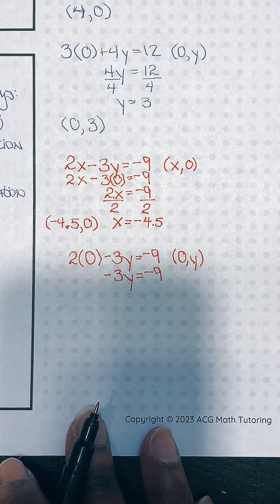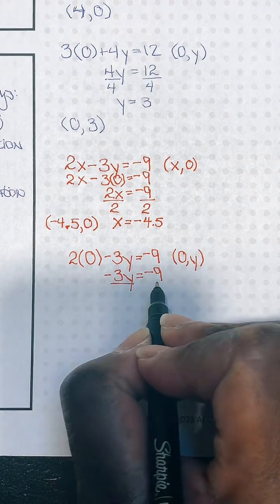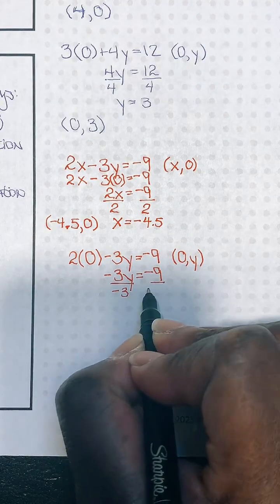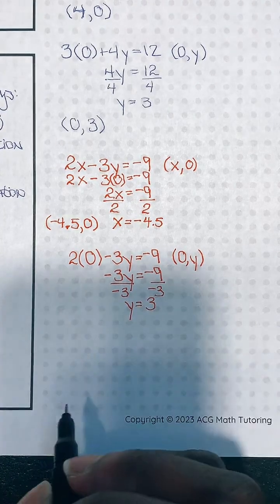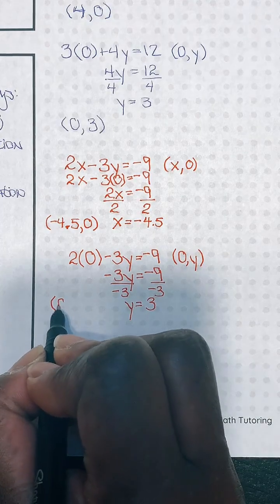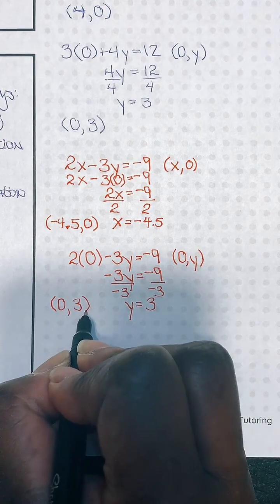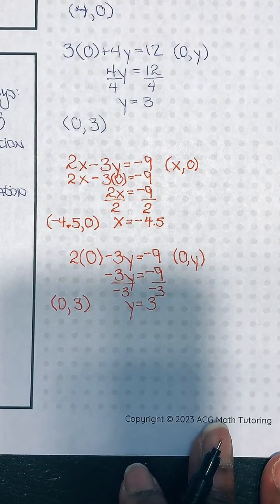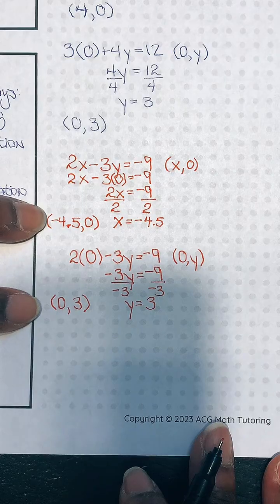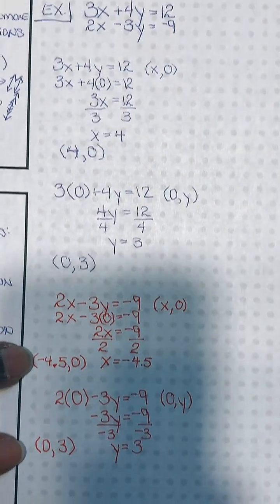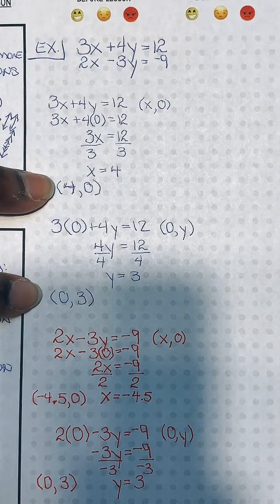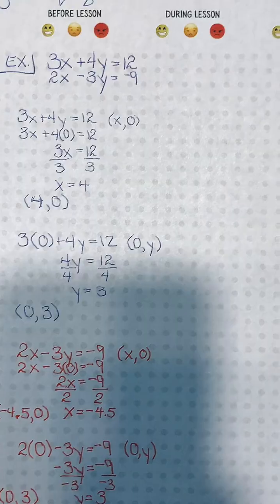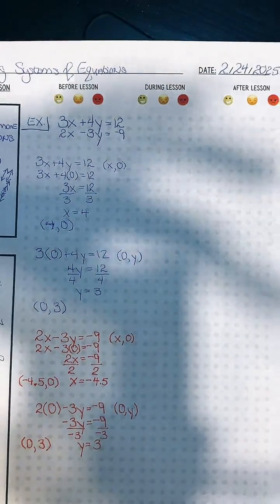Thank you. So divide both sides by negative 3, and then y equals a positive 3. So the ordered pair for this is going to be (0, 3). Okay. So these are going to be my x and y intercepts for the bottom equation, and these are going to be the x and y intercepts for my top equation. So now let me get you graphing.